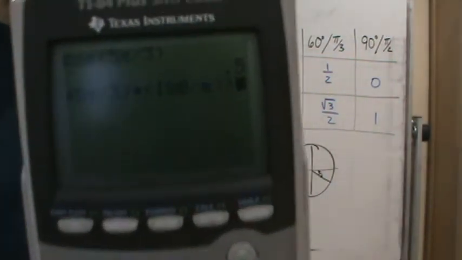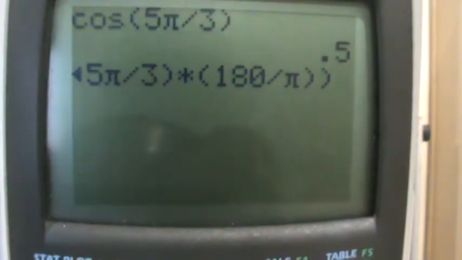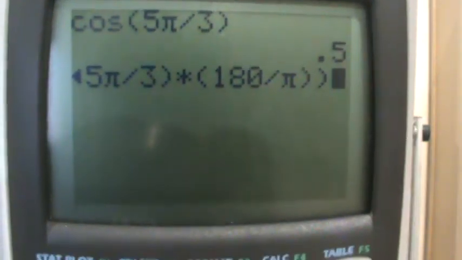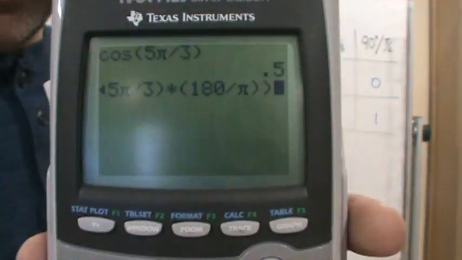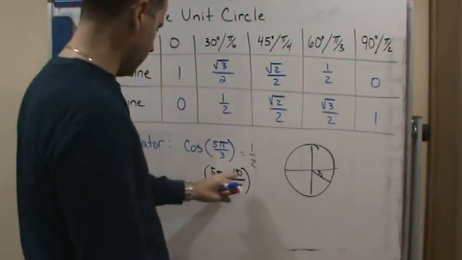I would use parentheses just to make sure that I'm multiplying things correctly. And then that would give me it in degrees.